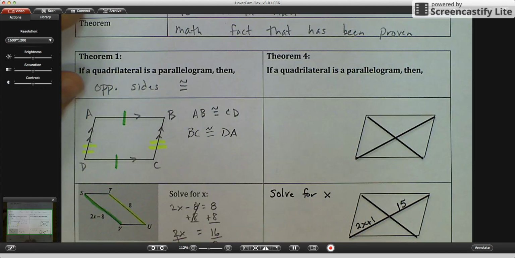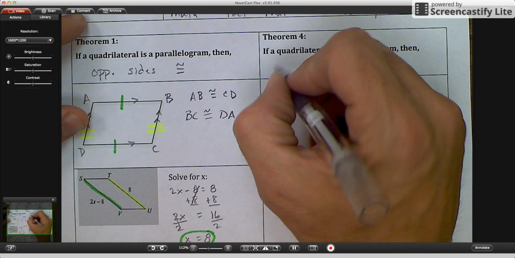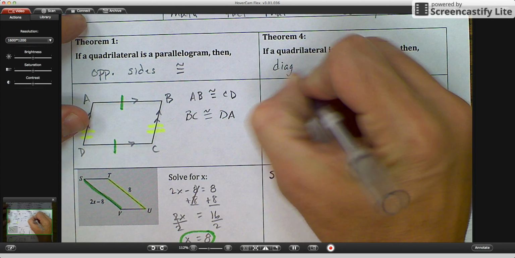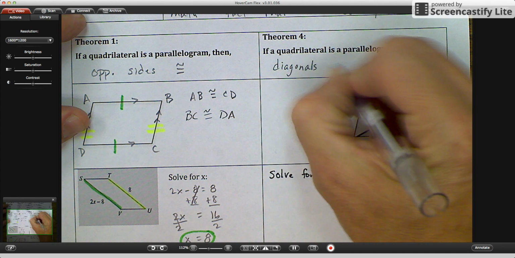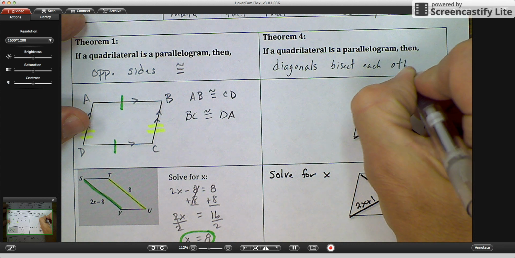In Theorem 4, it says if a quadrilateral is a parallelogram, then diagonals bisect each other.